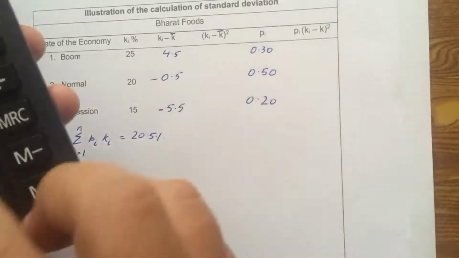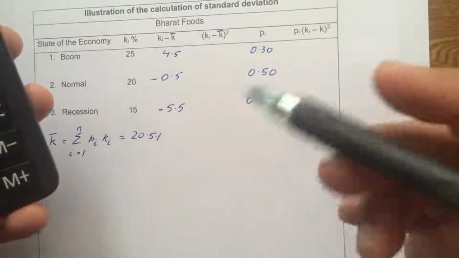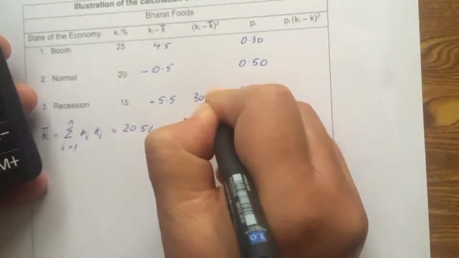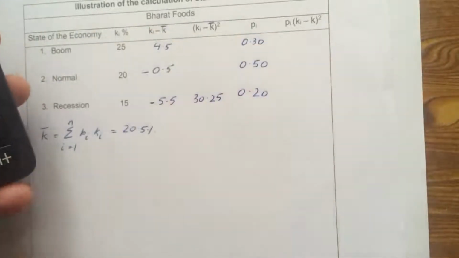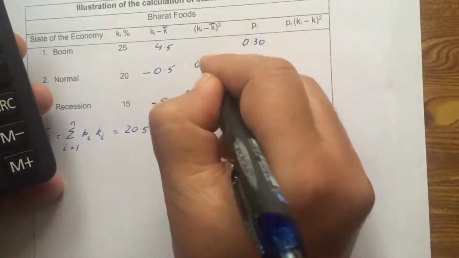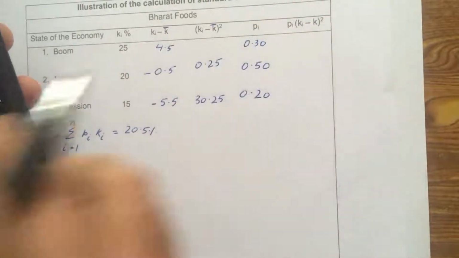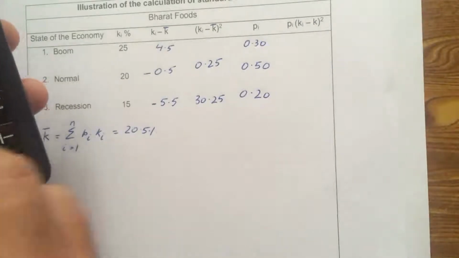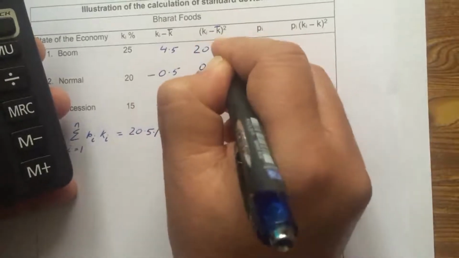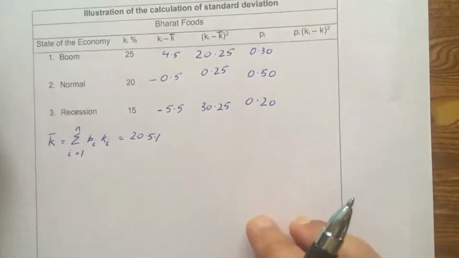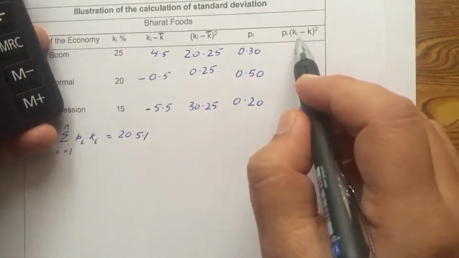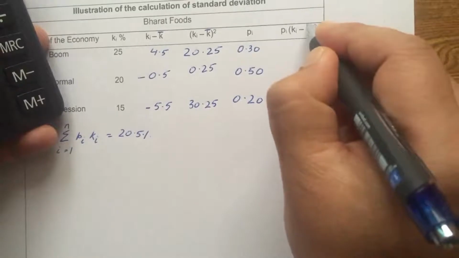Now take the square of this. That is 30.25, 0.25, and 20.25. Now find out Pi into (Ki minus K bar) square.